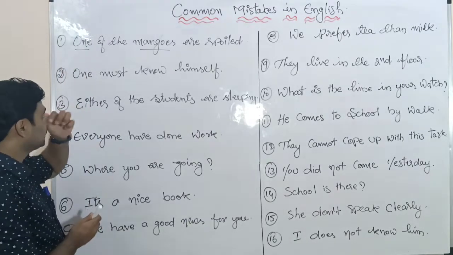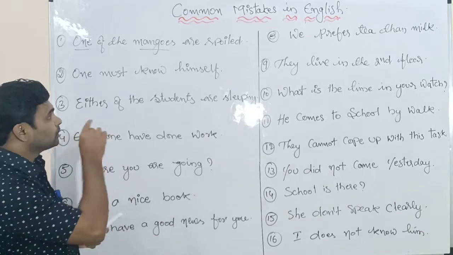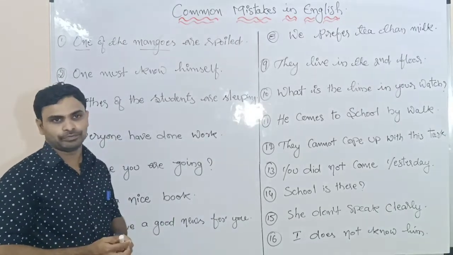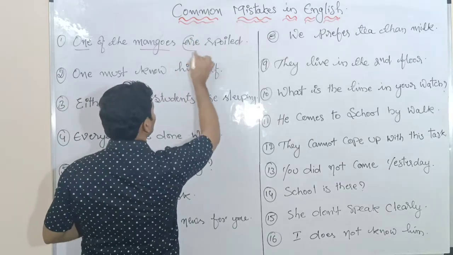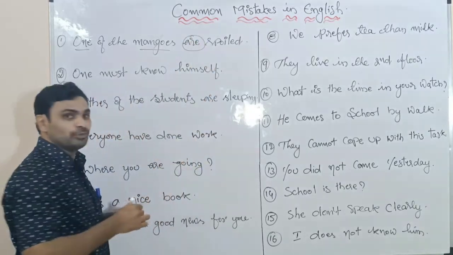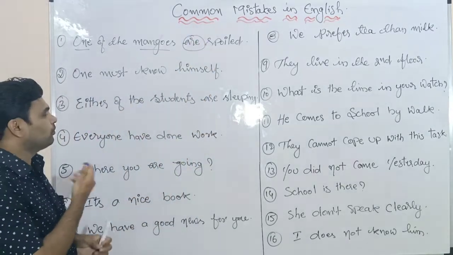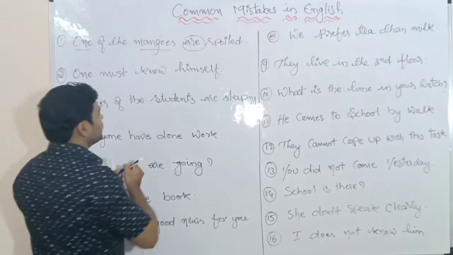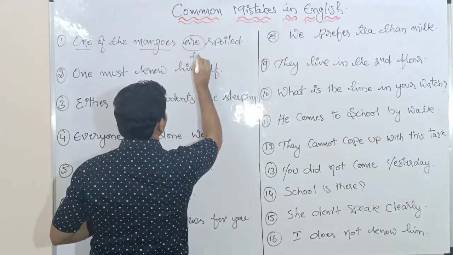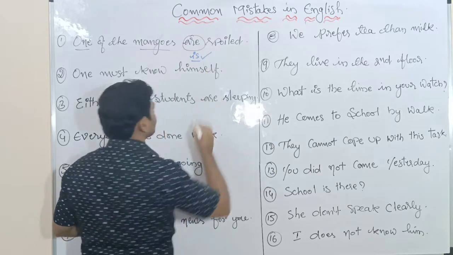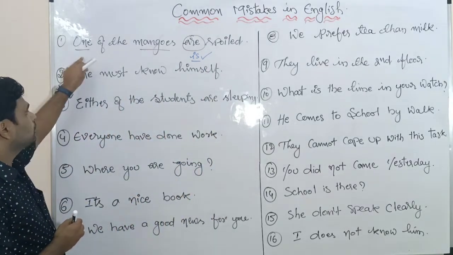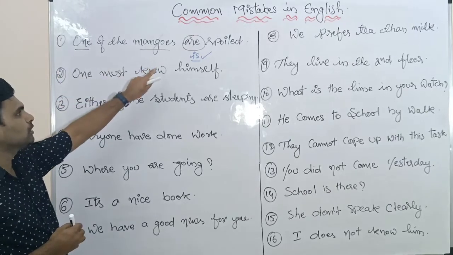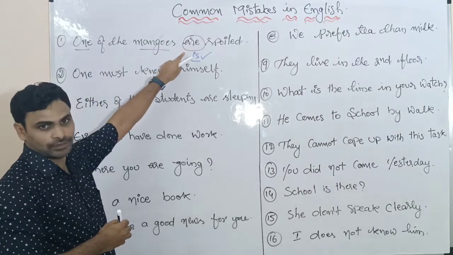and it is singular. Therefore, the auxiliary verb should not be the plural form. It should be singular form. That is to say, it should be the word is. Okay, understand? When we use the words one of the mangoes, it should not be are.